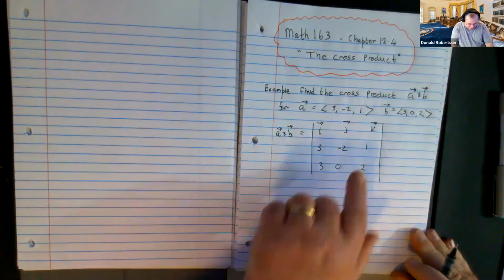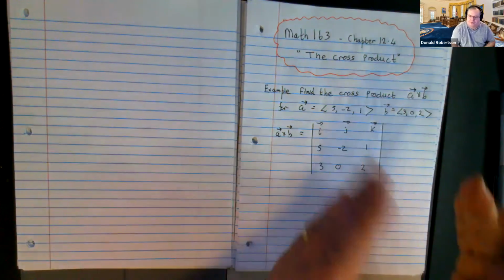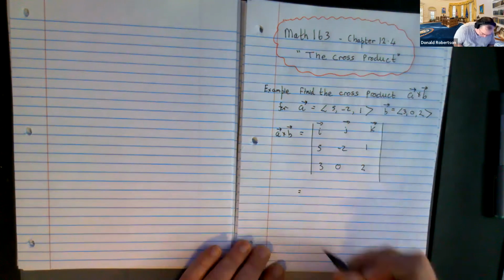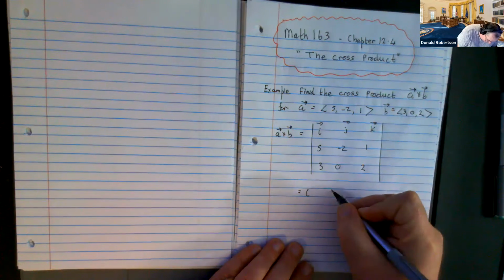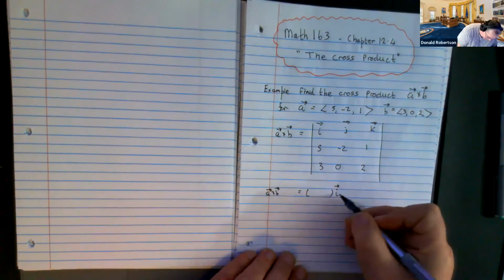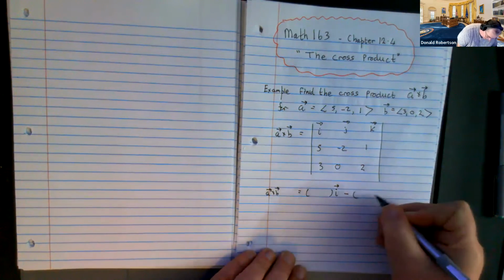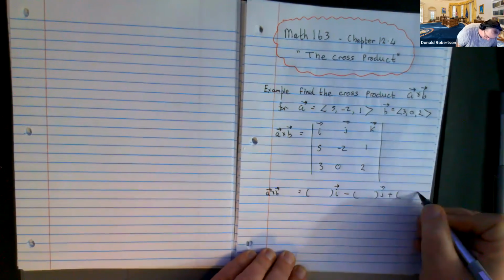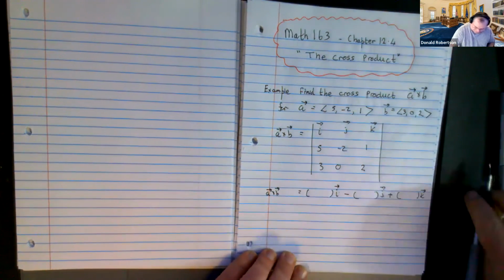So that's the first stage of the process: you set up this little 3x3 matrix, and you find what's called its determinant. And the answer to the cross product is so many i's, take away so many j's, plus so many k's.